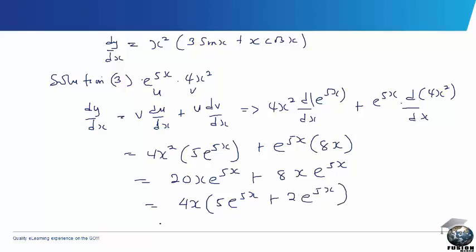And so we can write this as 4x in the bracket of 5 plus 2 gives 7 exponential 5x. So this becomes the outcome for differentiating these two functions.